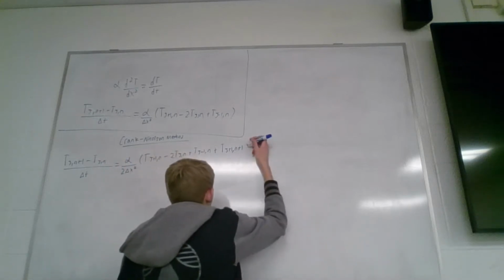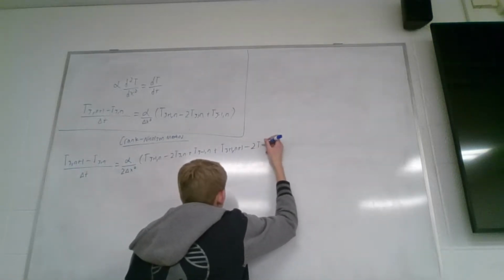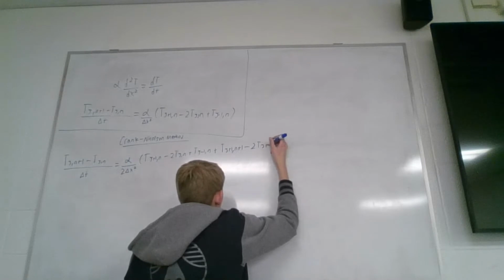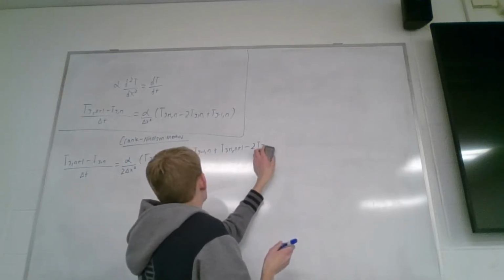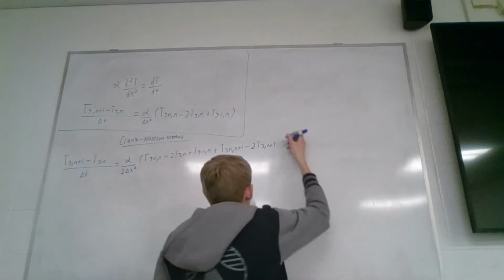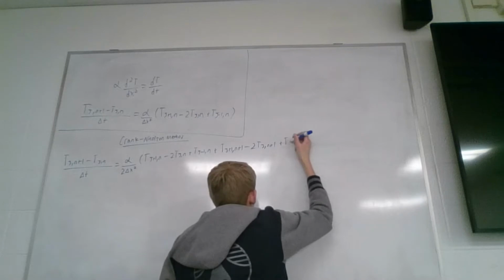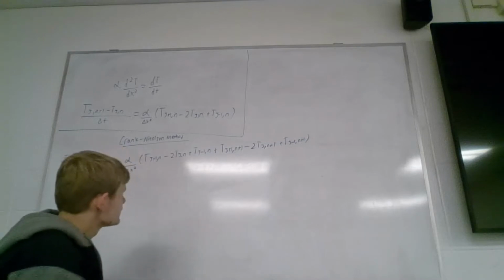So we're going to have minus 2 T J n plus 1. And then we're going to have T J minus 1 n plus 1. So this is our Crank-Nicholson's method.